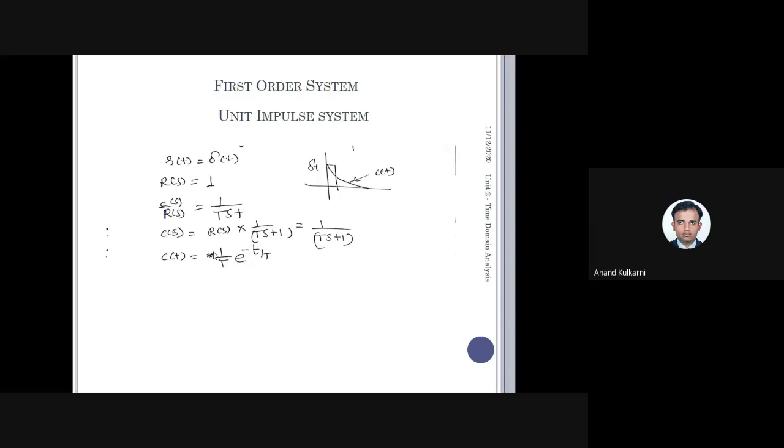Now have you understood this? Do you have any difficulty?